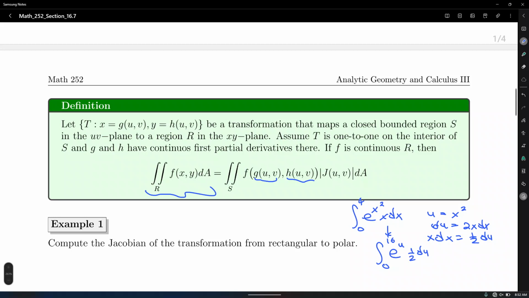Okay, so think about that 1/2 multiplying the e to the u. What is that 1/2 going to do to the function e to the u? Think about pre-calculus or basic algebra, when you learn all about these transformations and horizontal and vertical shrinkings and stretchings.